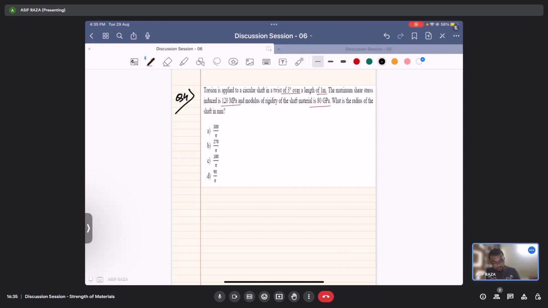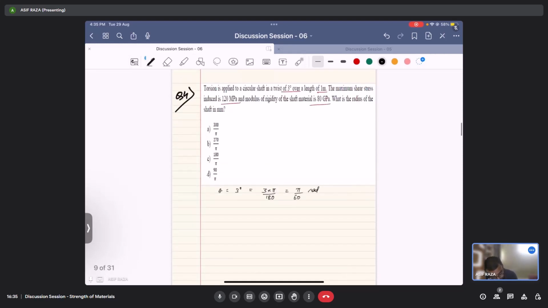Okay, let's write the things which are already provided. So angle of twist is 3 degree, that can be converted into radian, that is equal to 3 into pi upon 180, that is pi upon 60 radian.